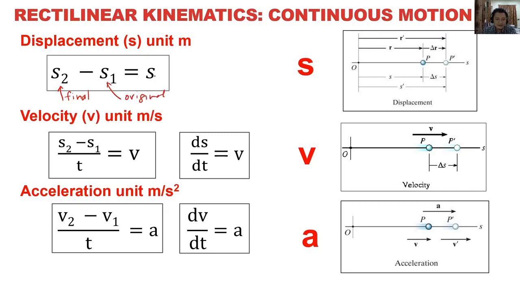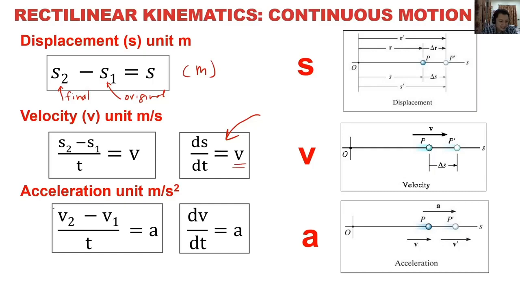You have an s, and the unit is meters. Velocity is when you take the displacement and divide by time. In terms of the derivative, it is ds over dt, and you get v.